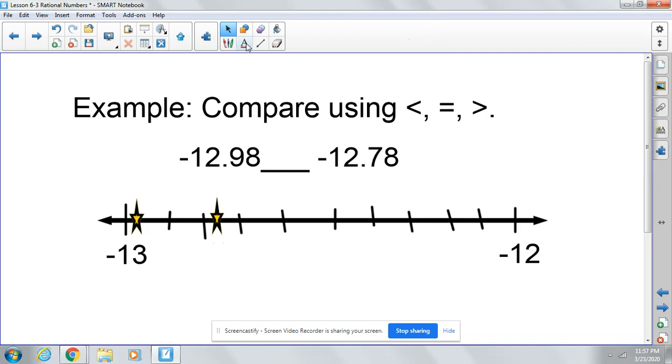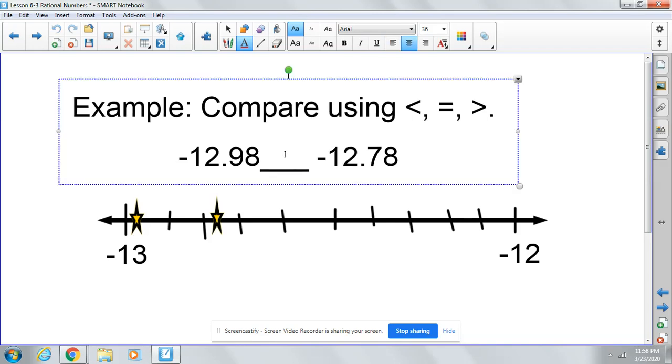So if you're comparing these two, pay attention to what is on the right and what is on the left. Okay. Negative 12.98 was on the left. So since it's on the left, that means it is less than negative 12.78.